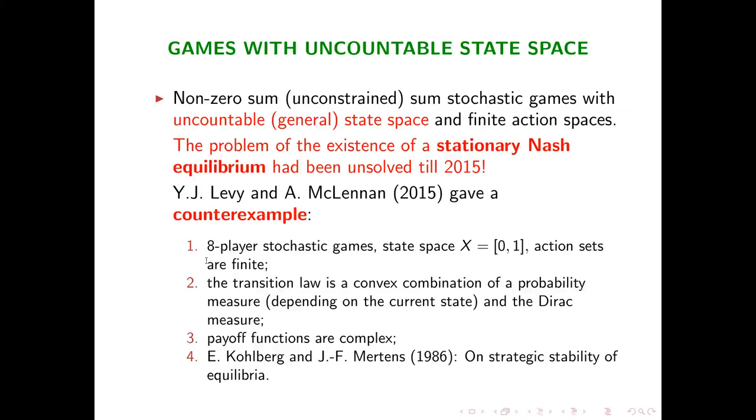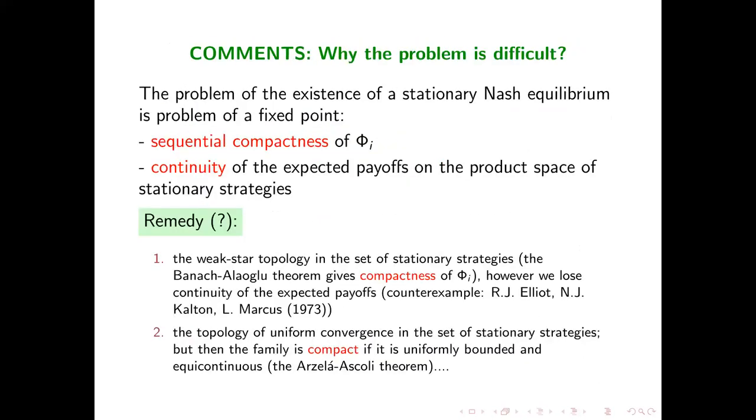And now, why is the problem so difficult in this case? The problem of the existence of a stationary Nash equilibrium, of course, is a problem of a fixed point in an appropriate function space.